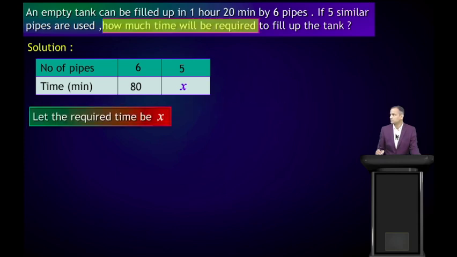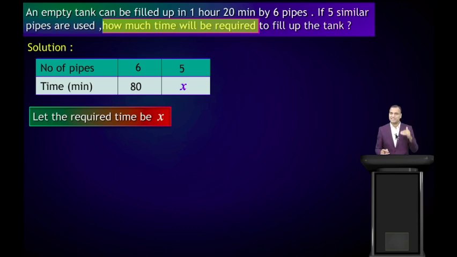Which type of proportion is this? Yes, absolutely correct. It is again an inverse proportion. How? If the number of pipes is 6, then the time taken is 80.